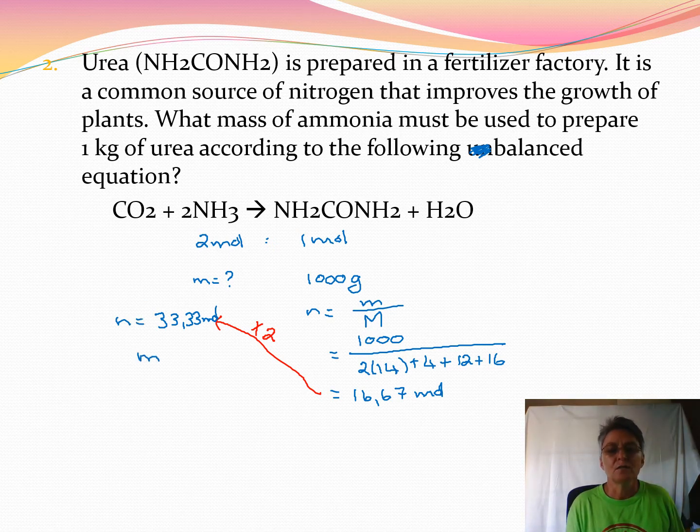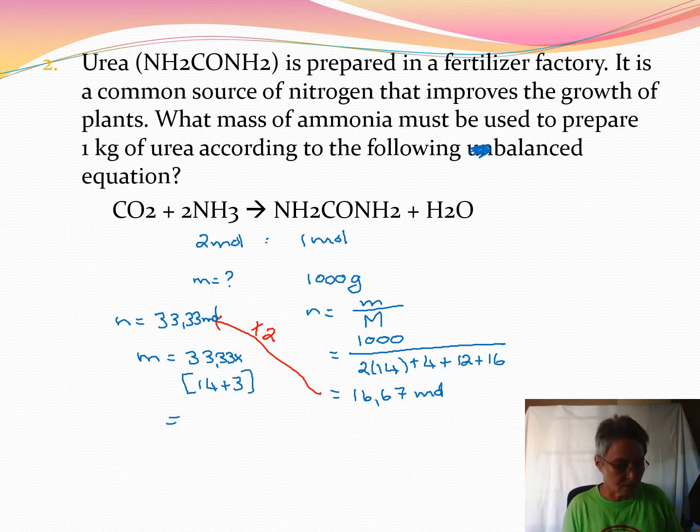So the mass of ammonia that is required is 33.33 times, and the molar mass of ammonia is 14 plus 3, which is 17. So multiply by 17 and we get 566.67 grams. Good.